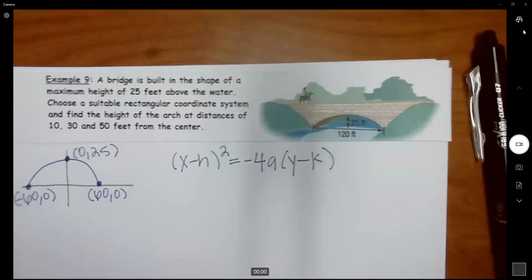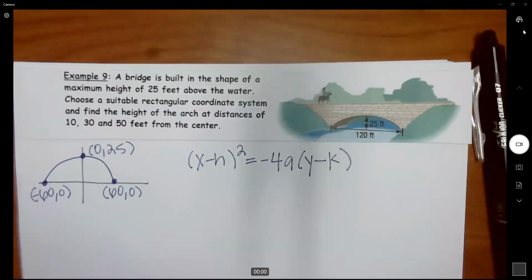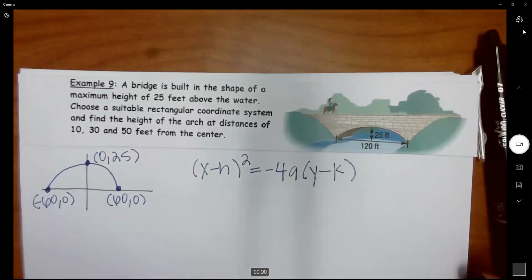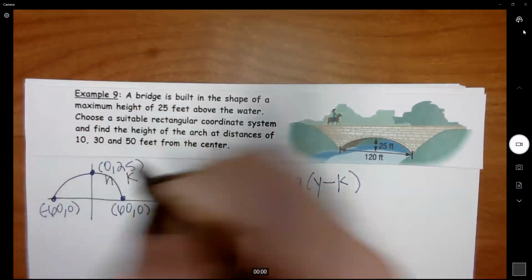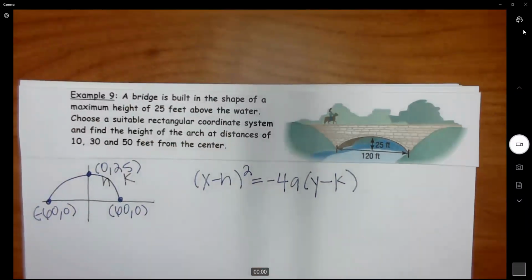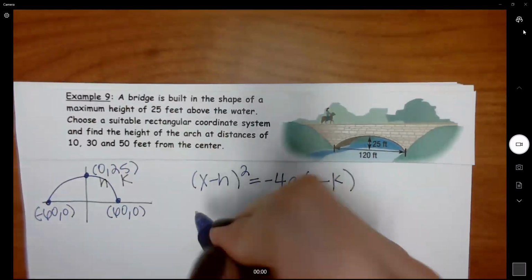All right. Now I do know my vertex. My vertex is my (h, k). Okay. So I can put that in my formula.